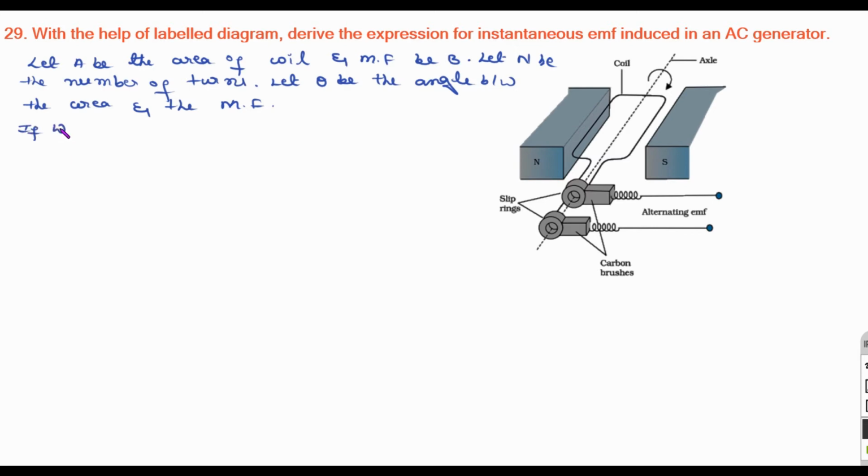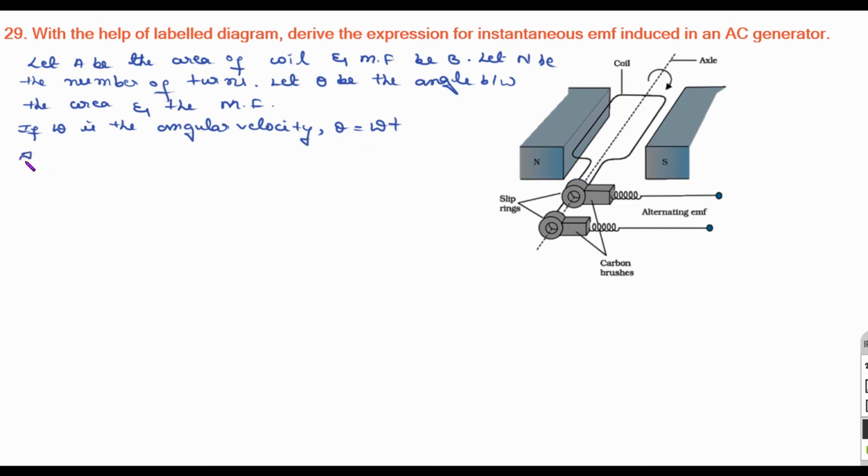If omega is the angular velocity of the rotation of the coil, then theta is equal to omega t. So here the theta value is equal to omega t.